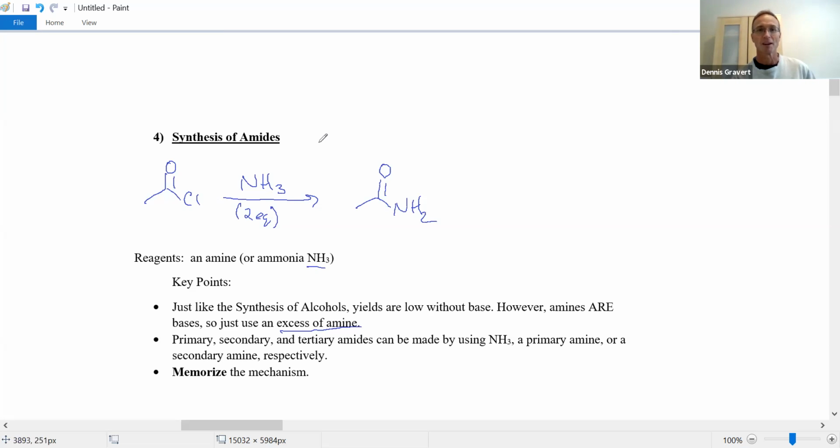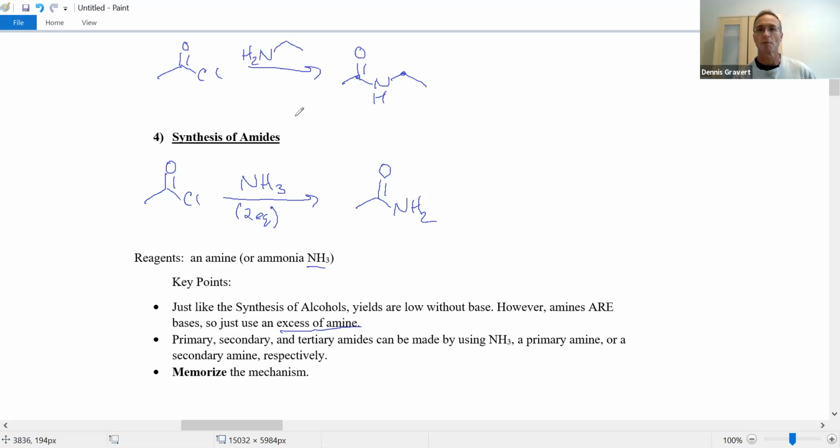That creates a primary amide. If you want a secondary amide, a secondary amide would have 2 sets of carbons on this nitrogen, the carbonyl group, and whatever group we have over here. So in that case, your nitrogen, that's your reagent, must have had the ethyl group already.